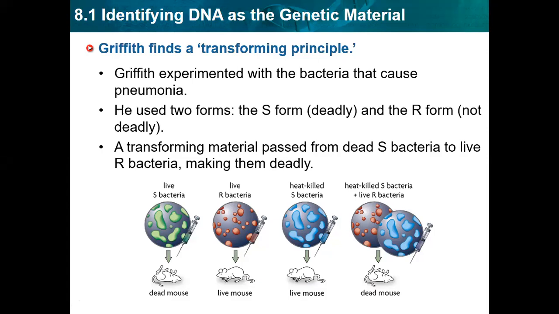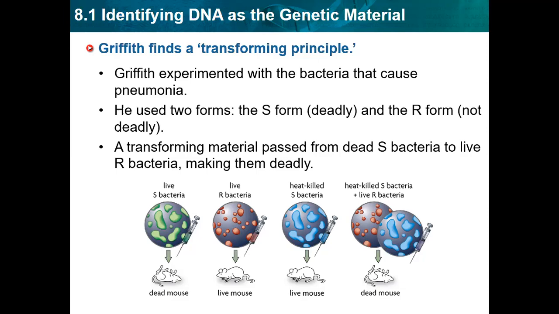So pneumonia is not caused by one single organism, but Streptococcus pneumoniae is one of the bacteria which causes pneumonia. He used two forms of it: the S form, which is deadly, and the R form, which is not deadly.